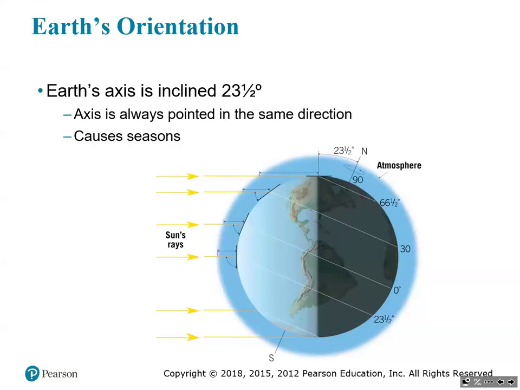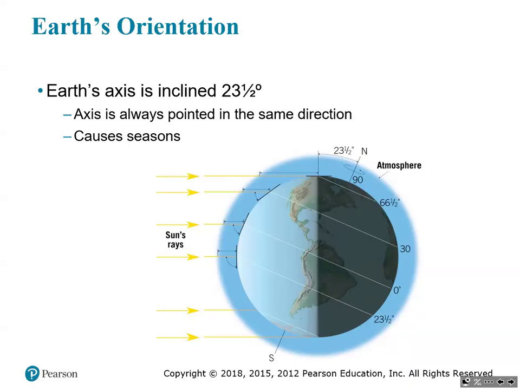So the Earth's axis is inclined about 23.5 degrees. The axis always points in the same direction, except for the effect of precession. It does actually change what star it points at over a period of something like 26,000 years. But for our day-to-day life, it always points in the same direction.